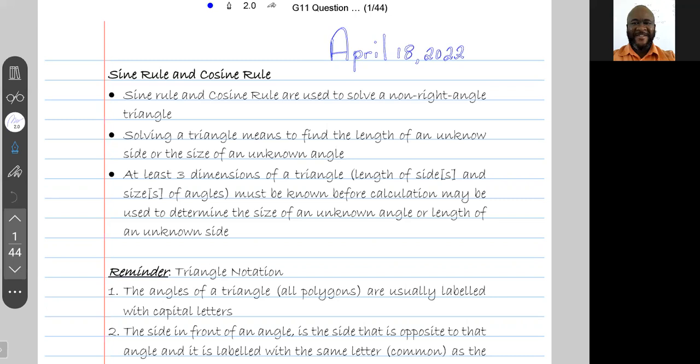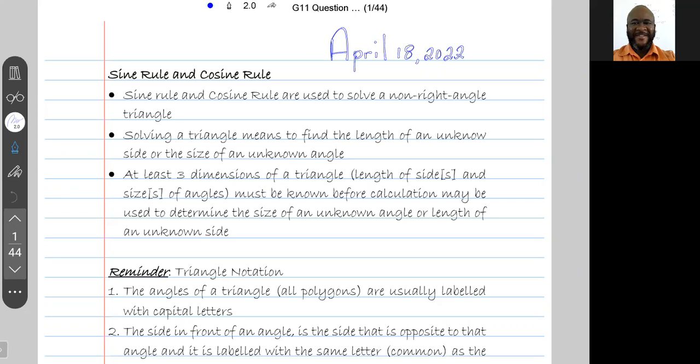Guys, solving a triangle means to find the length of an unknown side or the size of an unknown angle. This is something I've said to you already.